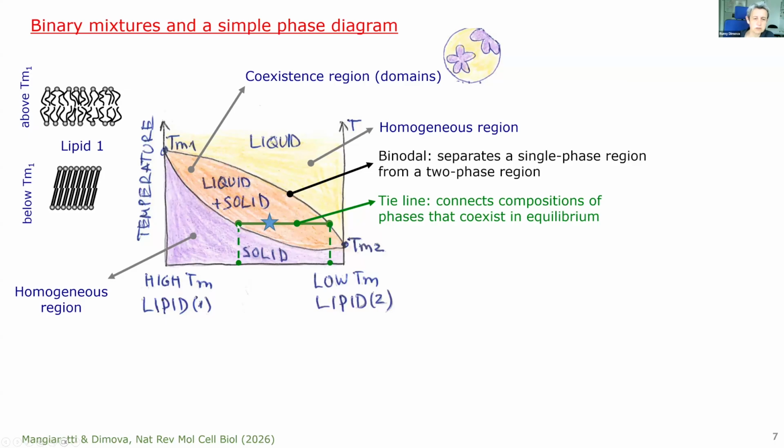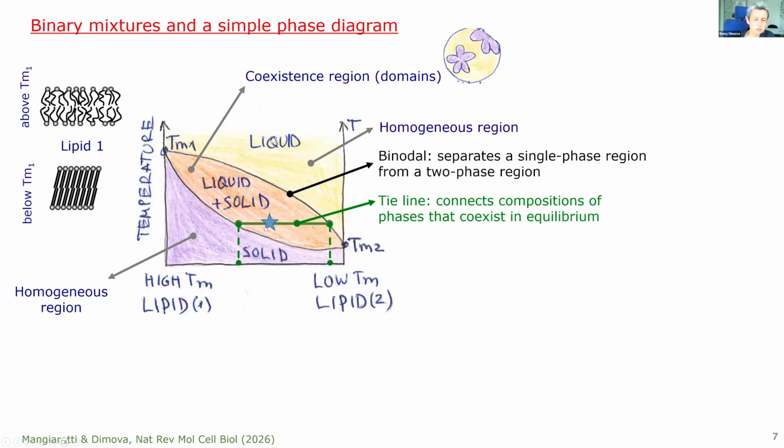The cross sections with the binodal, so these little points, would tell you what the compositions of the individual phases in your vesicle are. For example, this would be the composition of the purple domains, and this would be the composition of the yellow domain in your vesicle. So it connects compositions of phases that coexist in equilibrium.